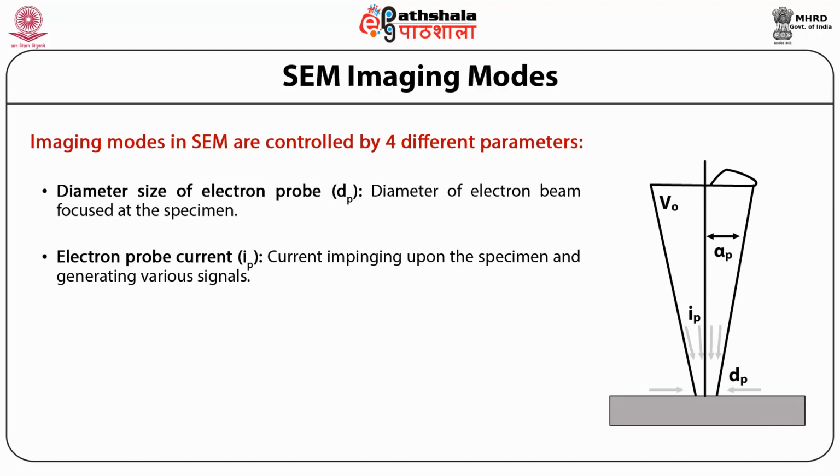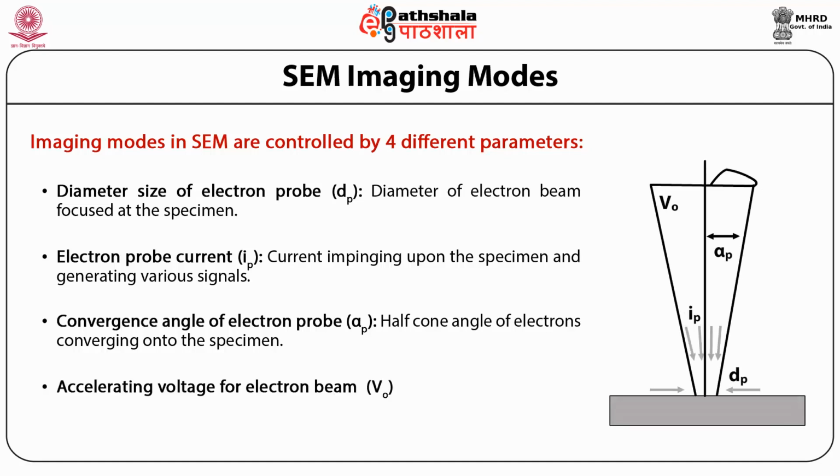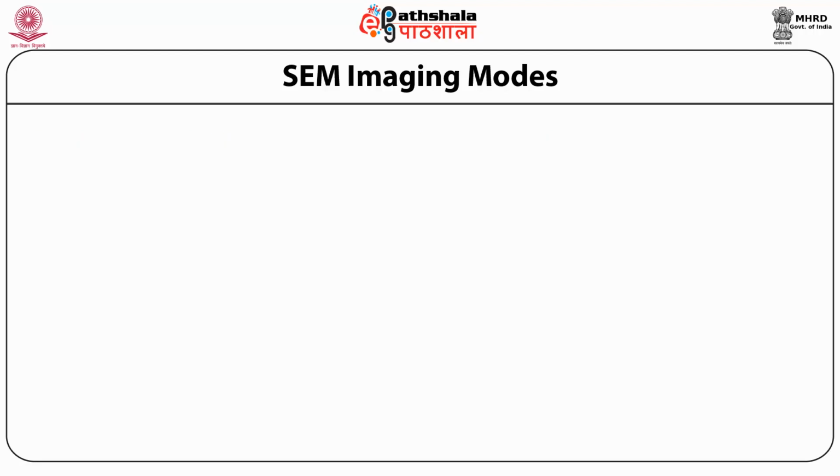The third parameter is the convergence angle of the electron probe, which is the half cone angle of electrons converging onto the specimen that controls the imaging. Fourth is the accelerating voltage for the electron beam.